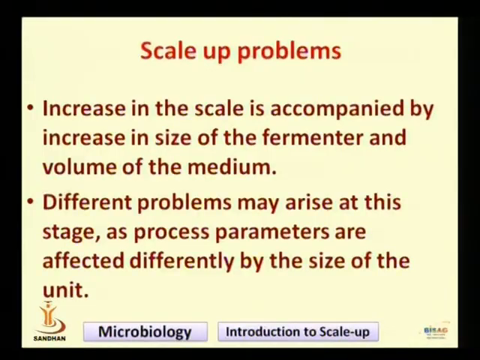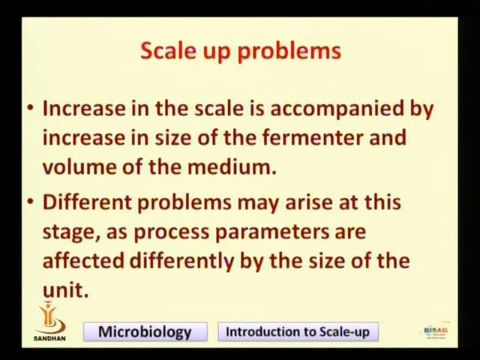So that was about scale up and the different levels of the studies, and now let us have some information about the basic problems which are very frequently encountered during the scale up process. Whenever we say scale up, it immediately comes to our mind what are the immediate changes that are observed. The two immediate changes are the size of the fermenter and the volume of the medium.